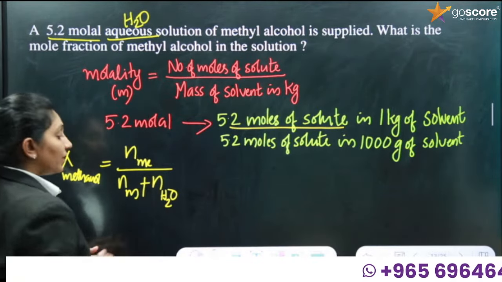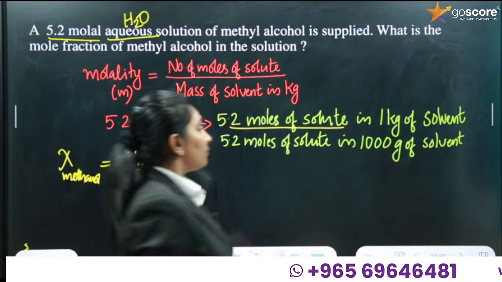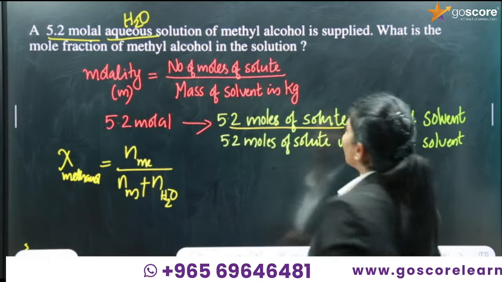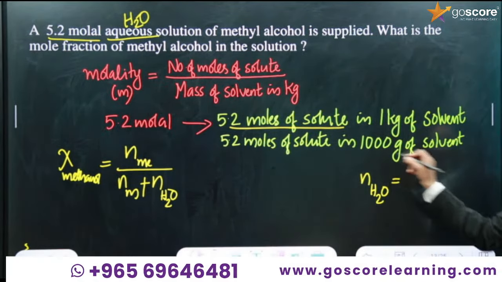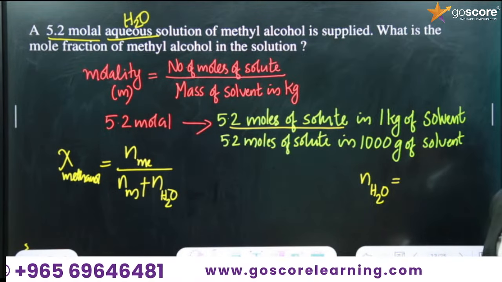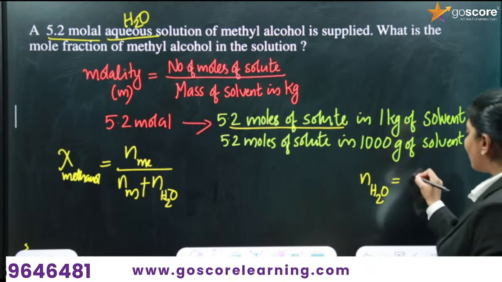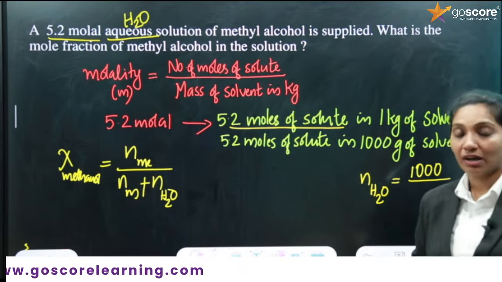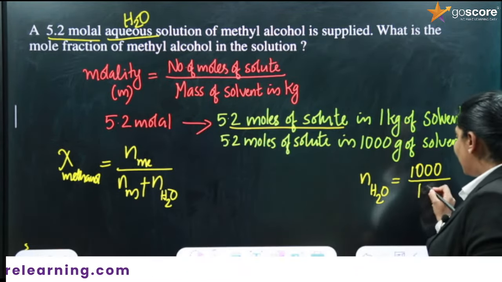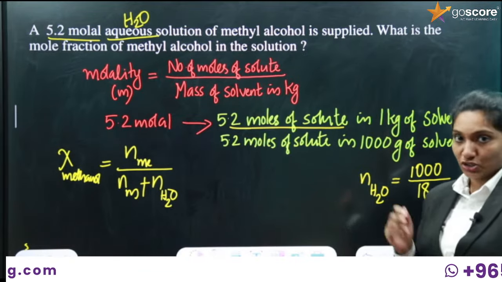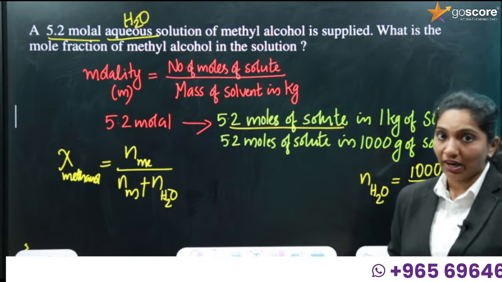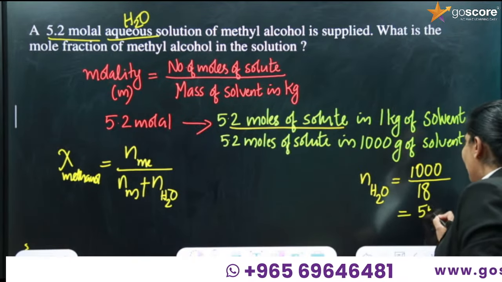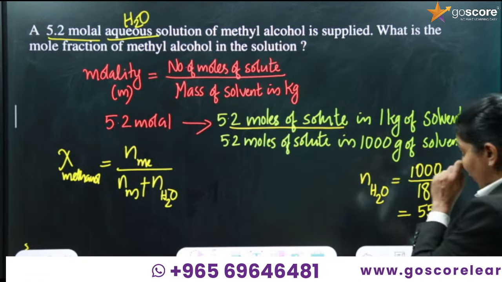So now what we want to find out is the number of moles of water. What is the mass of water? We are taking 1000 gram of solvent, so the mass of water is 1000. 1000 divided by the molar mass of water, which is 18: H2O, oxygen 16 plus 2 hydrogen, it is 18. So 1000 by 18, we will get 55.5.